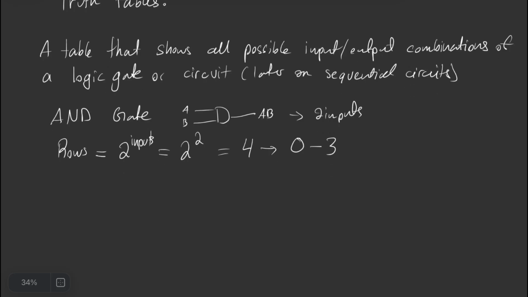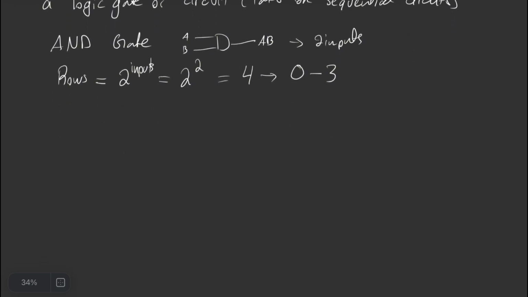Okay? So in drawing this truth table, we're going to draw our inputs and our output. Now we know there are 4 possible combinations, numbers ordered 0 to 3. The easiest way to draw the truth table is to first write half zeros, half ones. Because we have 4 rows, it's going to be 2 zeros, 2 ones, and then we're going to half that value.